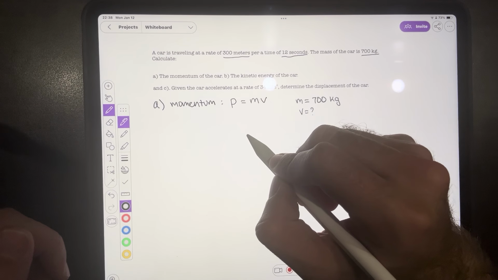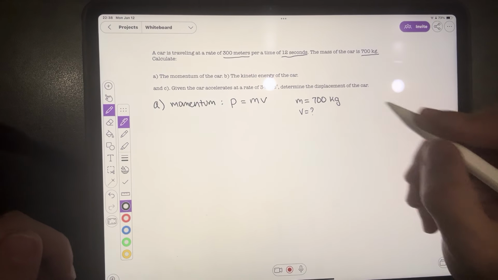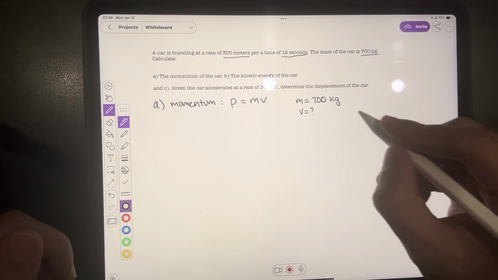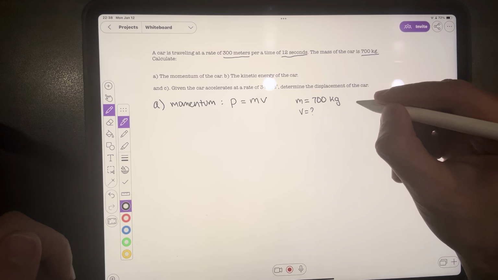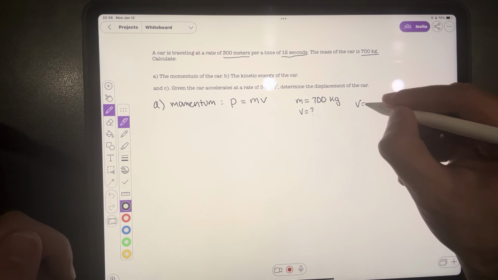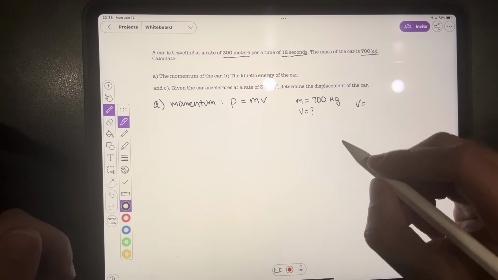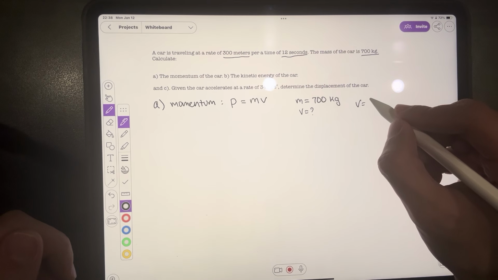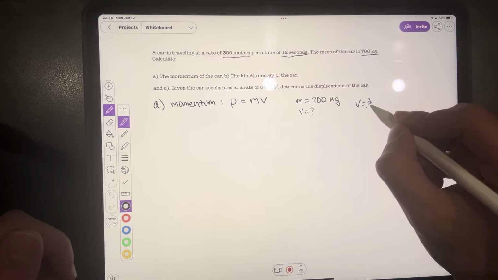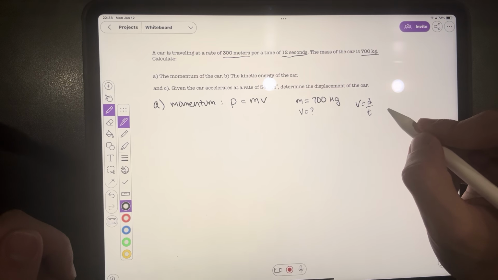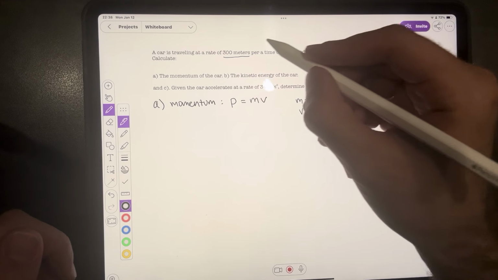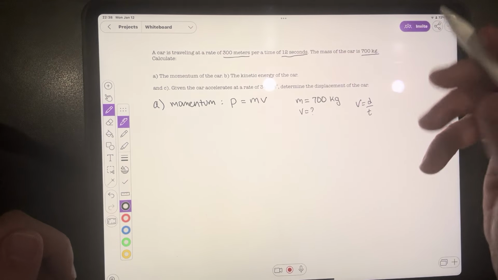So, how do we determine the velocity? Now, the velocity is usually determined by the distance over the time. So we already have 300 meters.